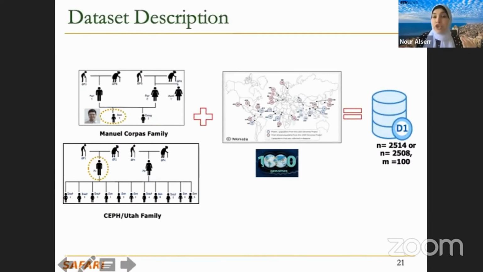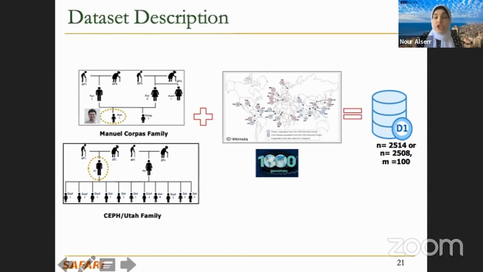We have genomic data for more than 2,500 participants from different population areas. And also we have two family data sets. The first one is the Manuel Corpus family. Manuel Corpus is a scientist.